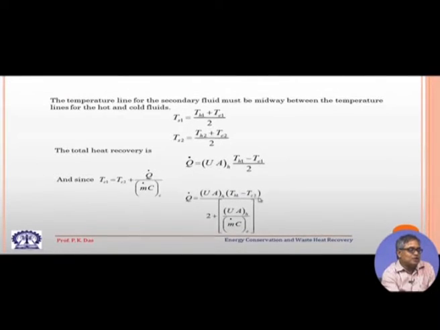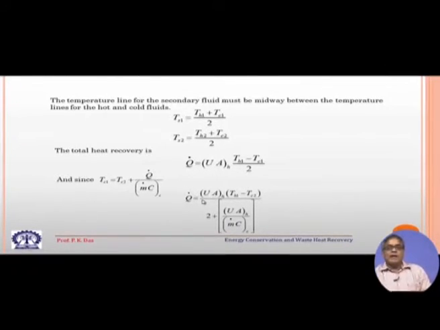TH1 minus TC2, the inlet temperature of the hot fluid and the inlet temperature of the cold fluid, is also known in most practical applications. And then again UAH is a known quantity, and m dot C at the cold side, that means the heat capacity rate of the cold side, is a known quantity. So, by this we will be able to find out the heat transfer rate.